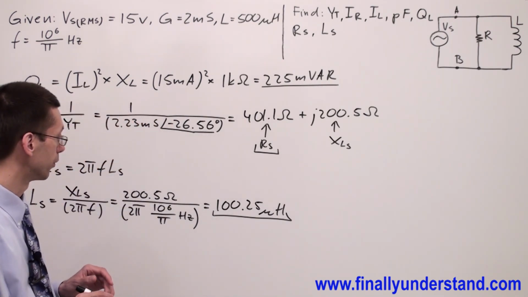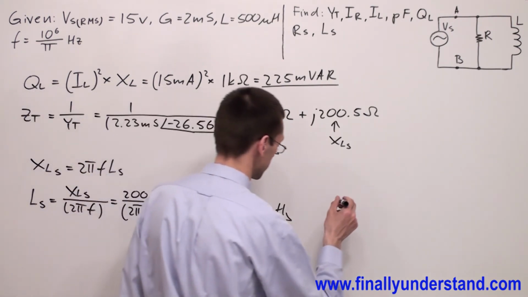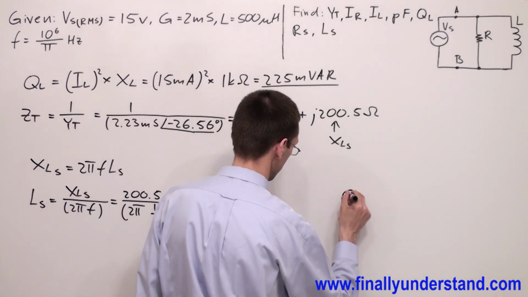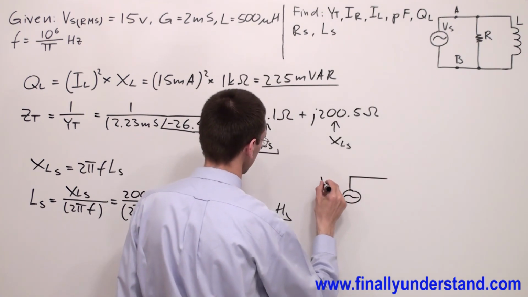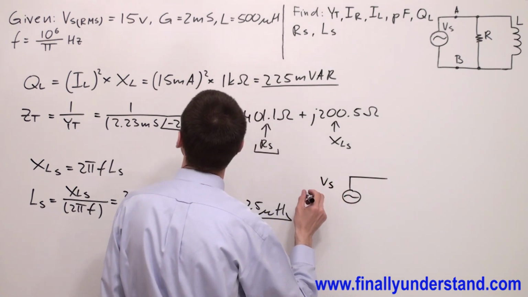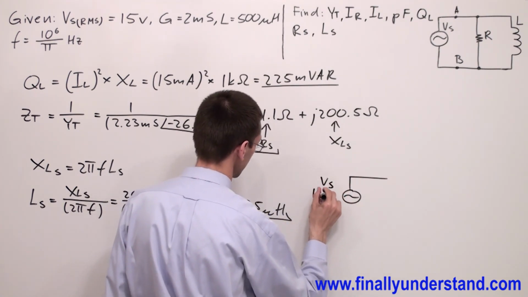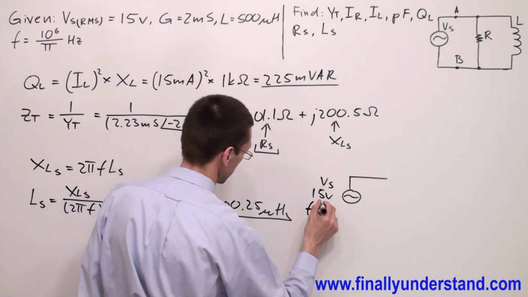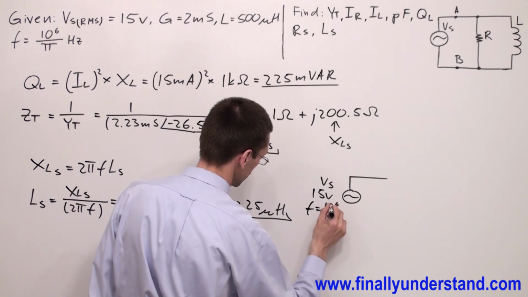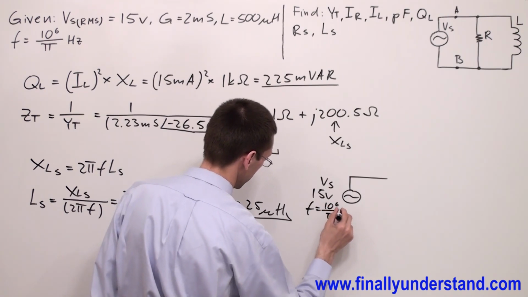So this is the inductance in the series equivalent circuit. Next, we can draw the series equivalent circuit. So I have a voltage source, and the voltage source has a voltage of 15 volts RMS and a frequency of 10 to the 6 over pi hertz.